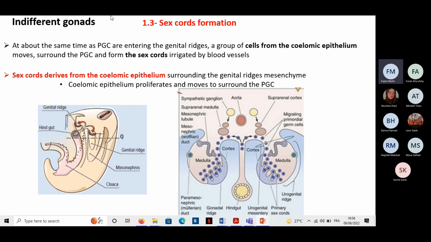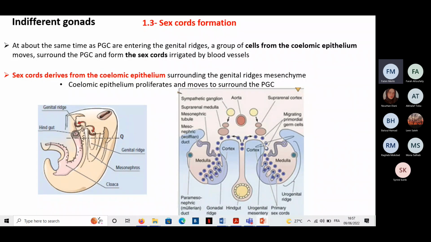Now, the third step of the formation of the indifferent gonads is the sex cord formation. While those primordial germ cells are migrating to reach the genital ridges, at the same time, we said that the genital ridges are composed of mesenchyme lined by the coelomic epithelium.